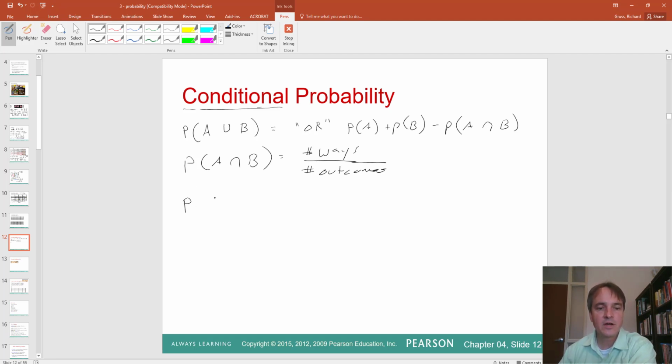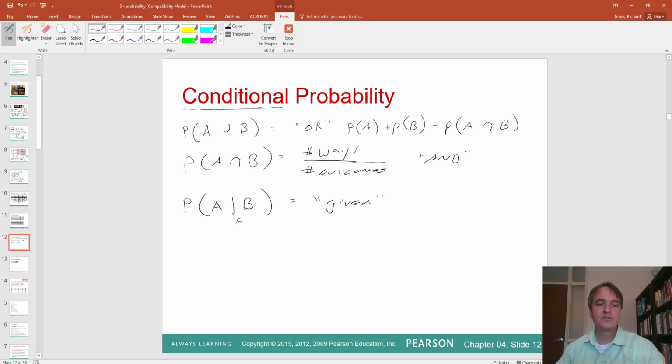So in this case, we're talking about the probability of a certain event, let's say A, given that a certain other event has taken place. So if the union is or and the intersection is and, we can think of this as given. This operator's word is given. So that's what this bar means.